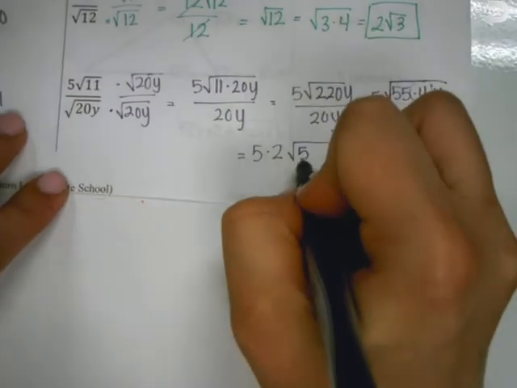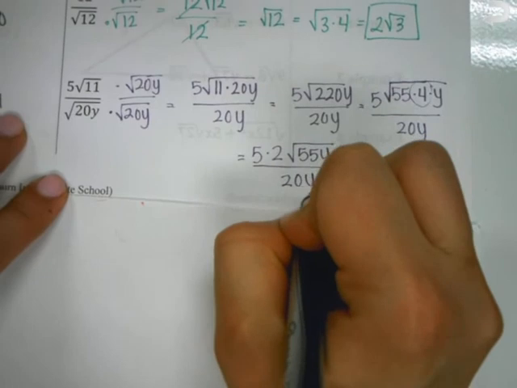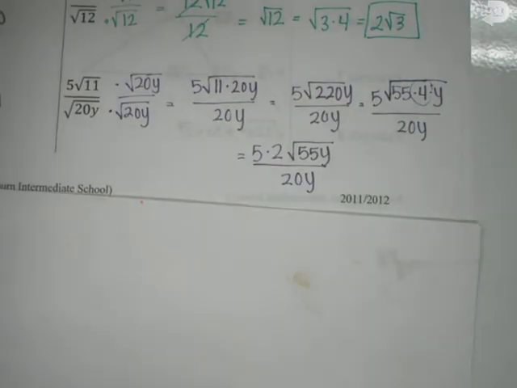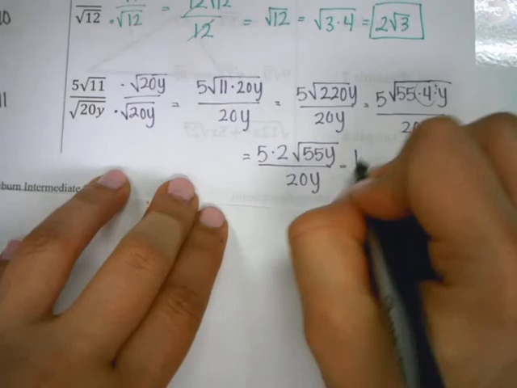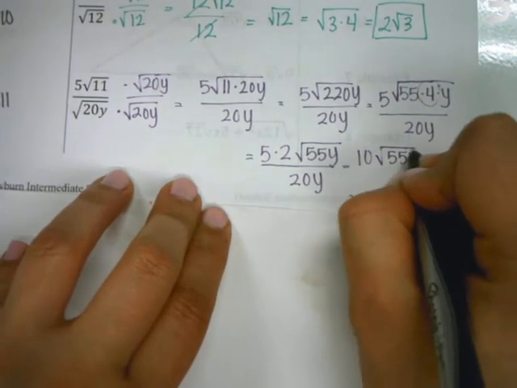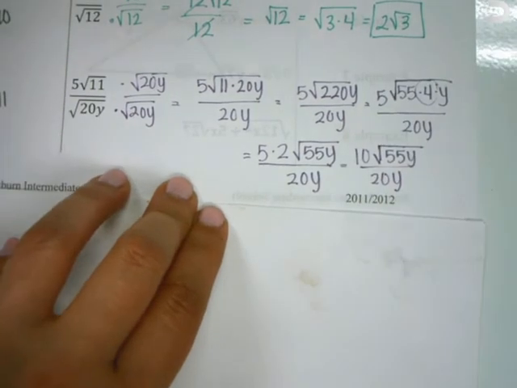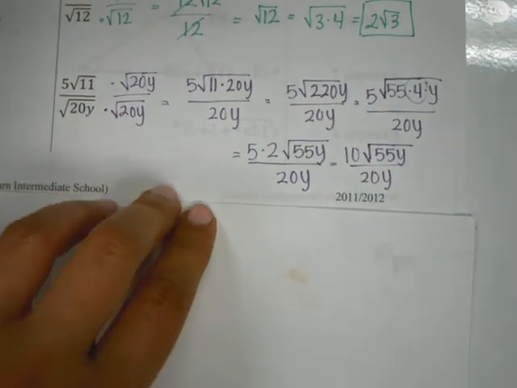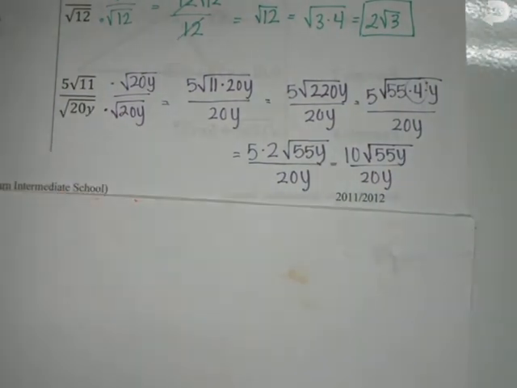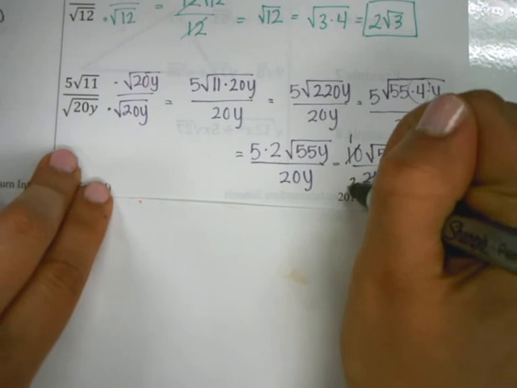Okay, so that becomes 10 root 55y, and remember the y is inside the root, all over 20y. Okay? Then how does it reduce? 10 goes into 10 once, and 10 goes into 20 twice. So this becomes square root 55y over 2y.